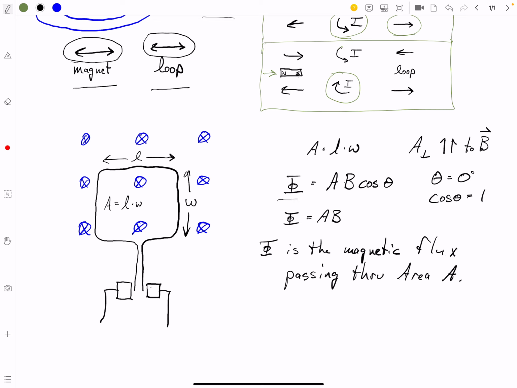So this is the main equation, because the normal to this plane of our loop, so this loop, let's give it the area, that surface, we can draw it. We can draw our loop like this.